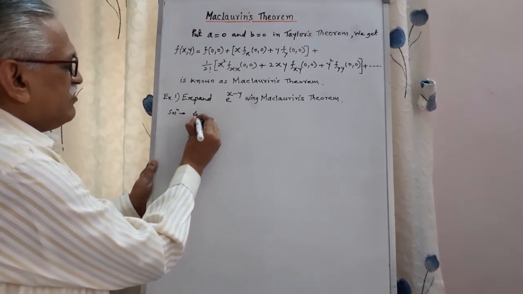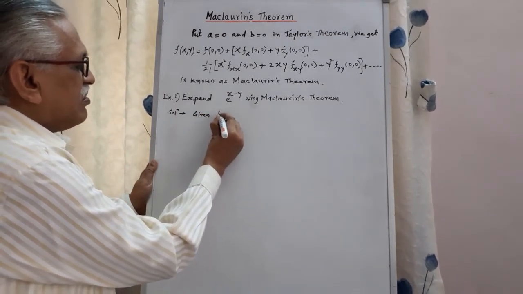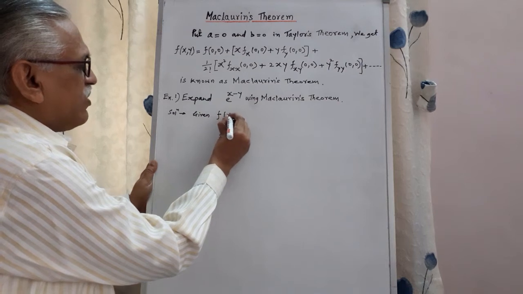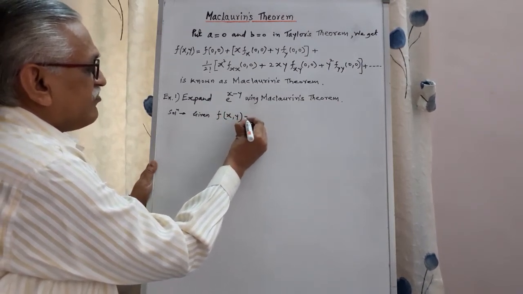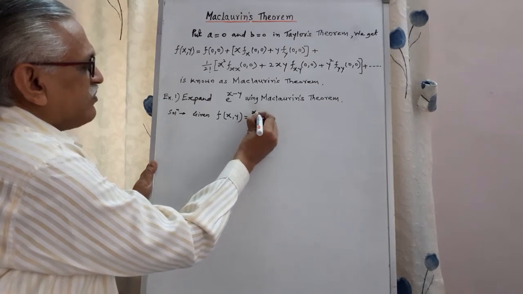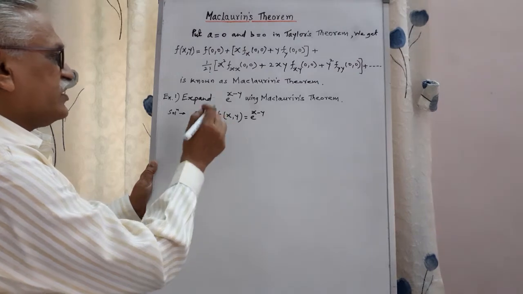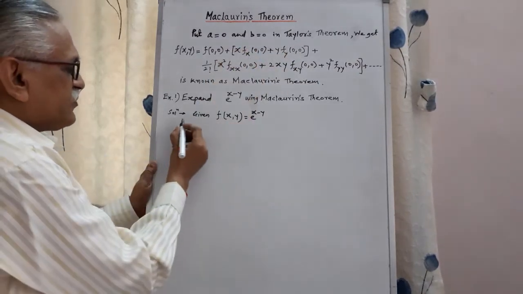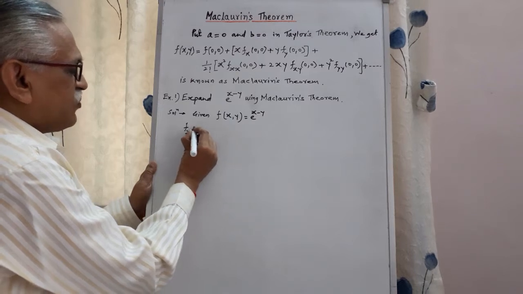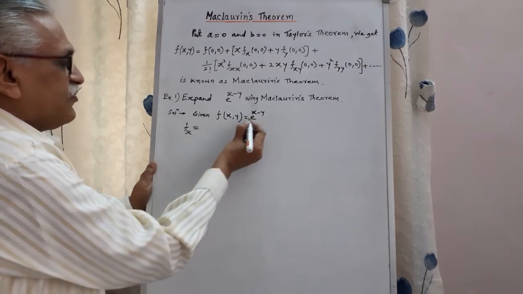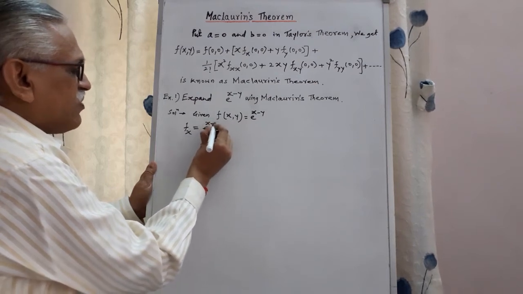Here given f of x, y as e raised to x minus y. Differentiating this with respect to x, keeping y constant, the derivative is e raised to x minus y.